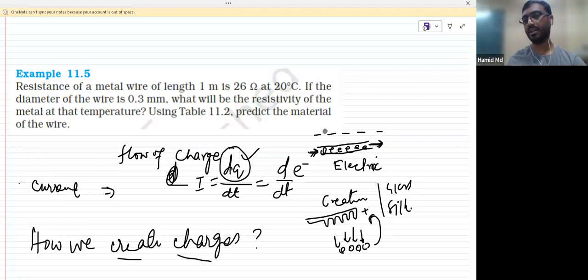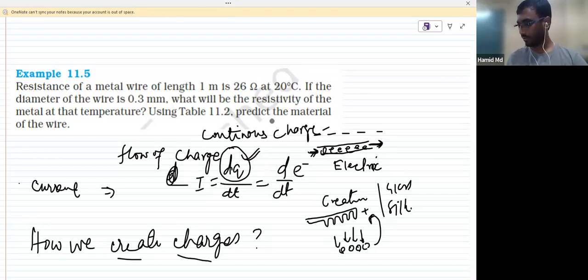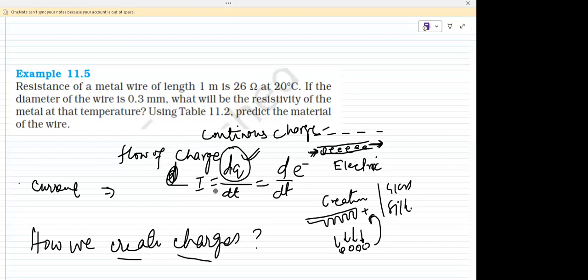If it is broken, it is a discrete charge carrier, meaning discrete charges. So this formula holds for continuous charge distribution. Okay, Madhya? Yes, sir.